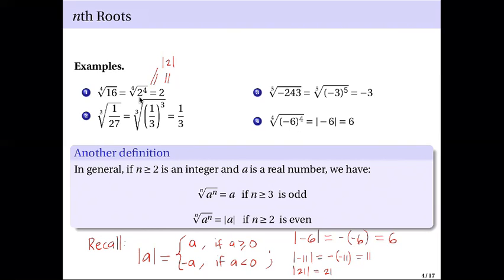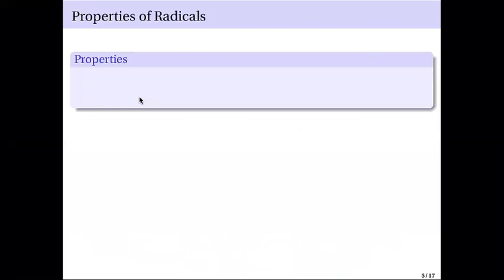Other questions? Now, let us look at some properties here. The properties that you will see here are very much similar to the properties of exponents. So first, the nth root of a, b.